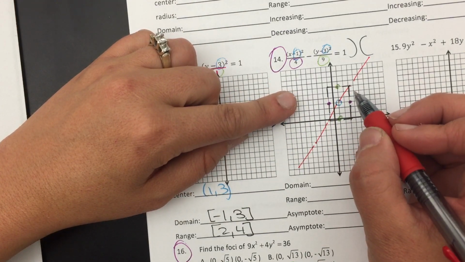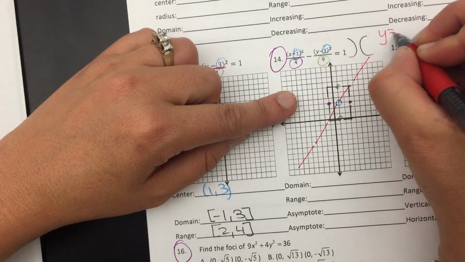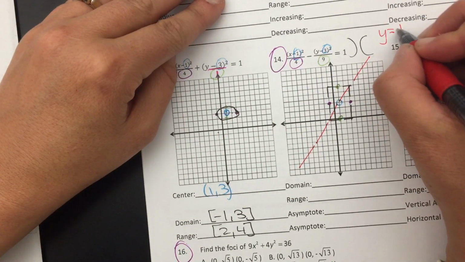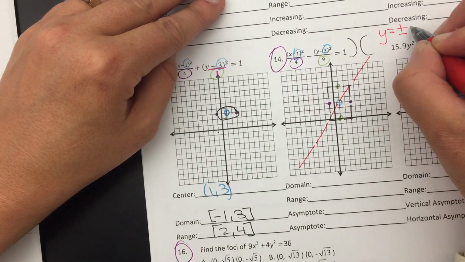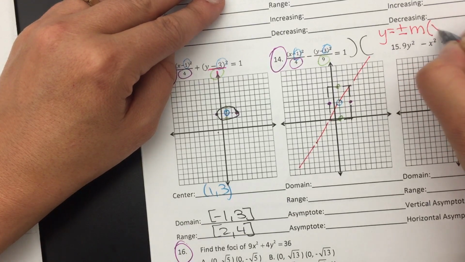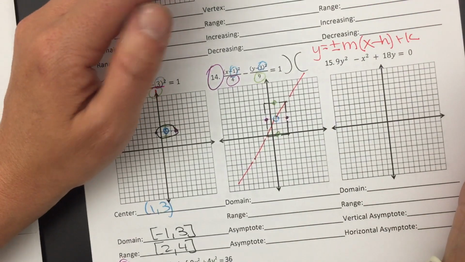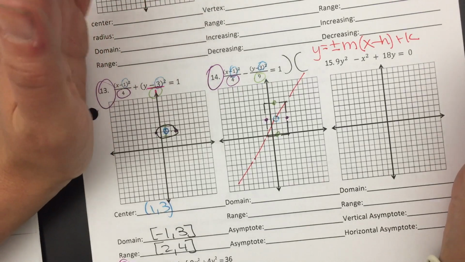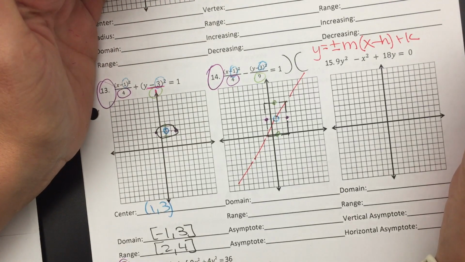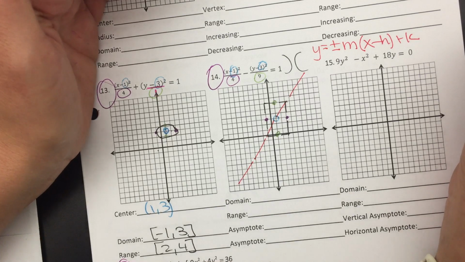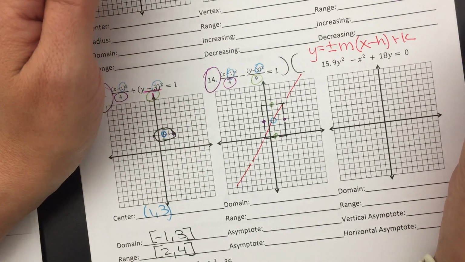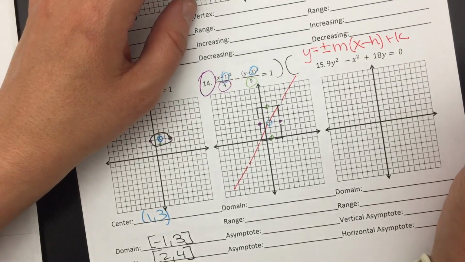The lines have the equation y equals, always y equals, plus or minus your slope times (x minus your h) plus k. And we focused on that a lot in Math 3. We've used it a lot in Advanced Math, but I've gone back and looked at Math 1 and Math 2 stuff, and it shows up way back then as well.